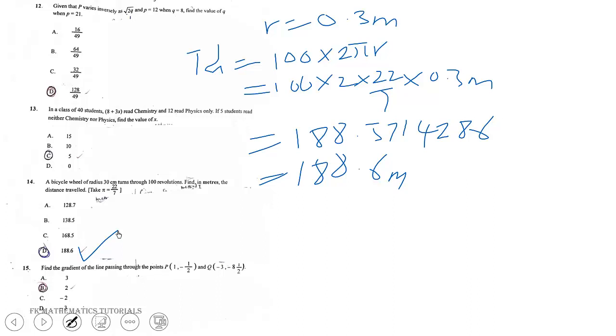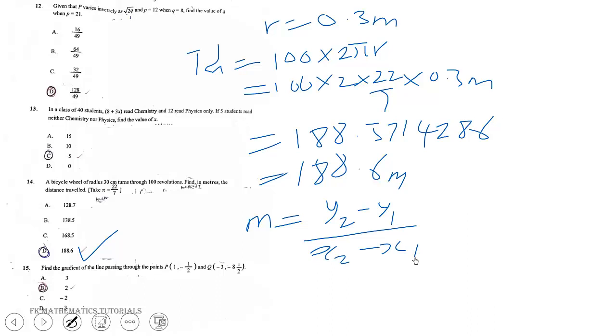We have to find the gradient of the line passing through the points (1, -0.5) and (-3, -8.5). So we know gradient is given by y2 minus y1 over x2 minus x1.